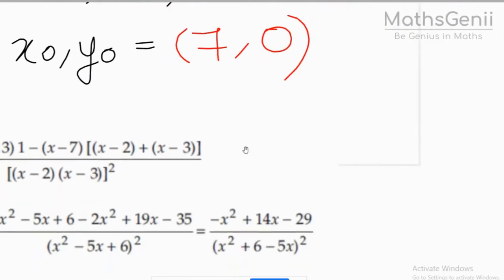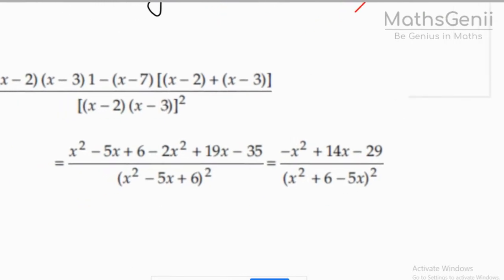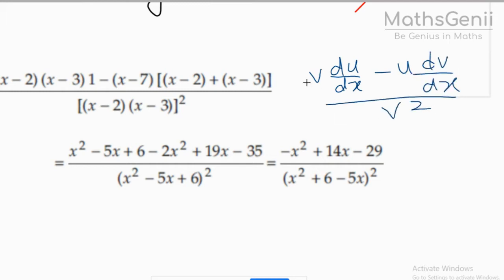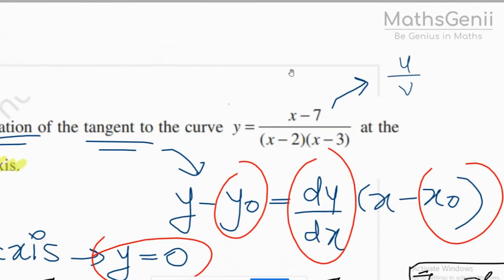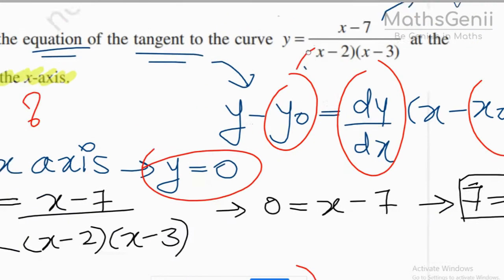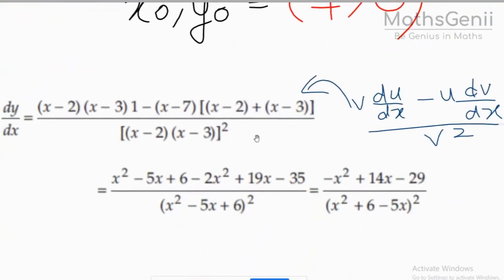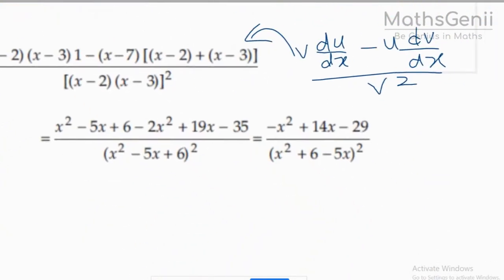So what is the formula for u upon v? It's v times derivative of u minus u times derivative of v, upon v square. This is the formula we have applied here. When you solve this by the u by v derivative rule, on simplification you will get this.